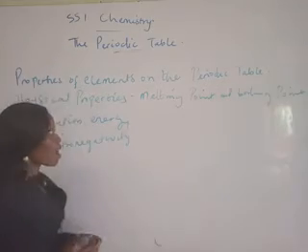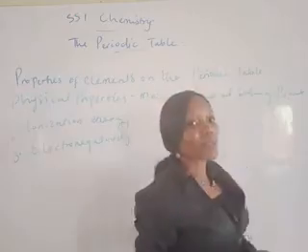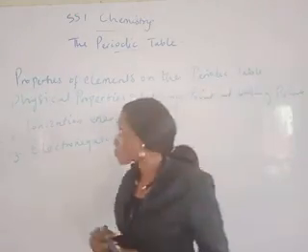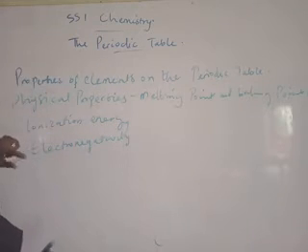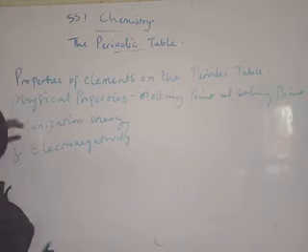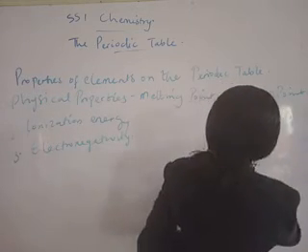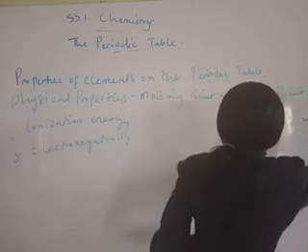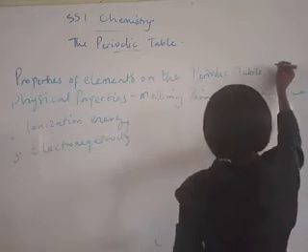Now, we're starting with the physical properties, melting and boiling points. How does this vary? The variation of each of these properties is called periodicity.